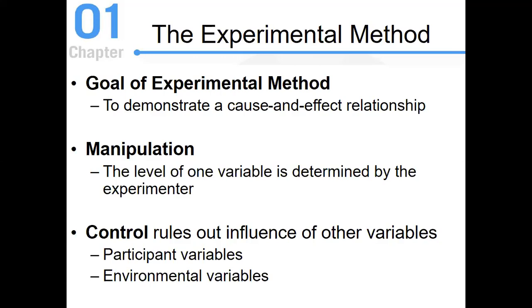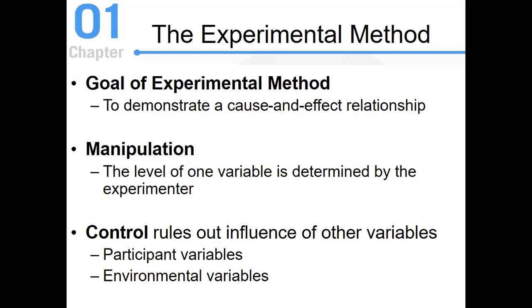Experiments are also marked by what's called control. The researcher or the research team has to exercise control over the entire research situation to ensure that other outside variables don't contaminate or influence the results. So when we look at an experiment, we have the active manipulation of one variable, to see if there's an outcome that's different for those conditions.